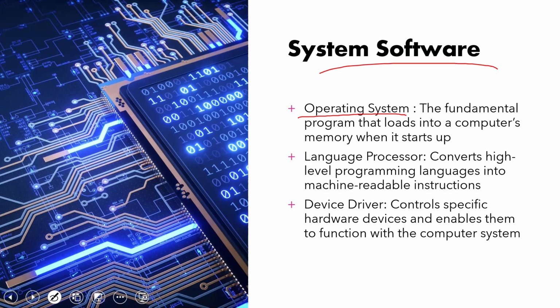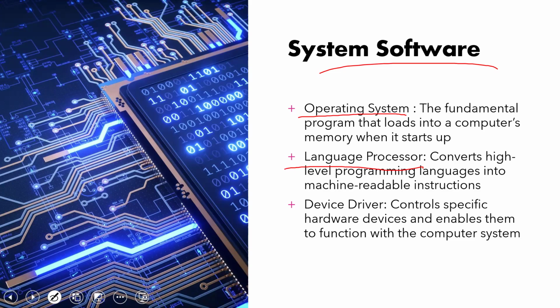Okay, so then we have what we call the language processors. The language processor converts high-level programming languages into machine-readable instructions. Remember that we said the computer has different languages, to include the machine language, the assembly language, or the low-level language, and the high-level language.